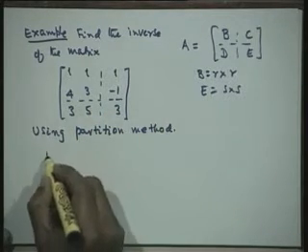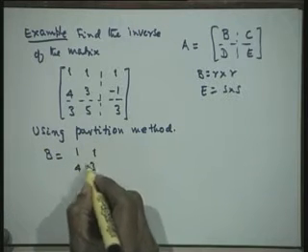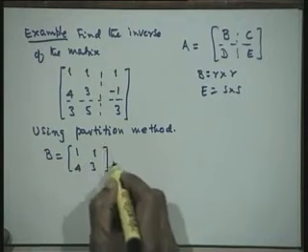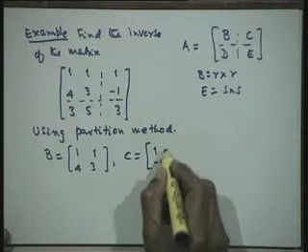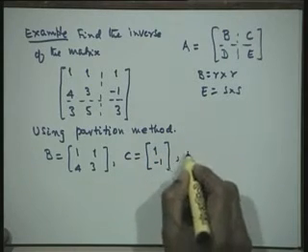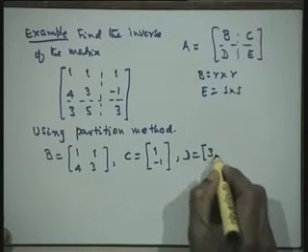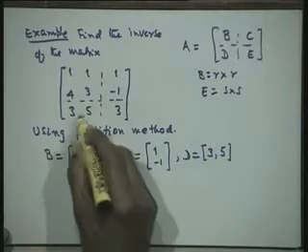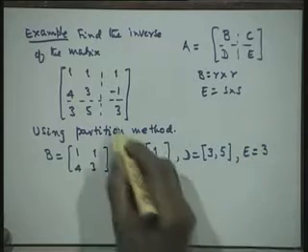Therefore, we are partitioning it as B is equal to 1 1 4 3. C is the column vector, in this case 1 minus 1. D is the row vector 3 and 5, and E is a 1 into 1 matrix, that is simply 3.